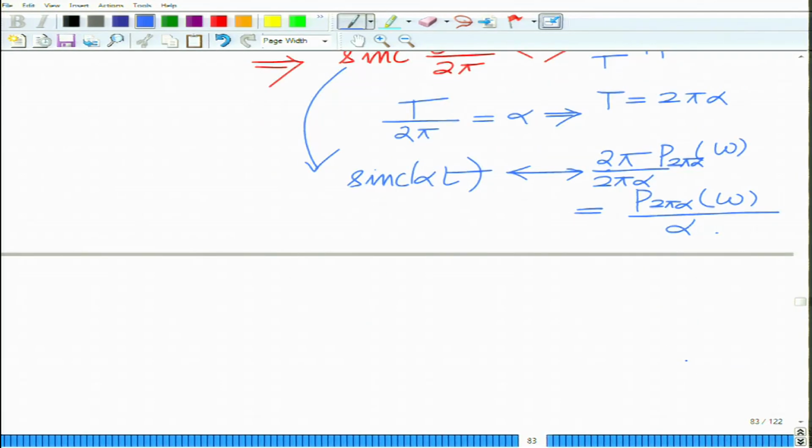Now, if you look at p of 2 pi alpha, that is nothing but a pulse of width 2 pi alpha centered at 0 and height 1, and now you have 1 over alpha times that. So, the height will be 1 over alpha. So, it is a pulse of height 1 over alpha in the frequency domain centered at 0 and of width 2 pi alpha. Therefore, it spans from minus pi alpha to pi alpha, okay.